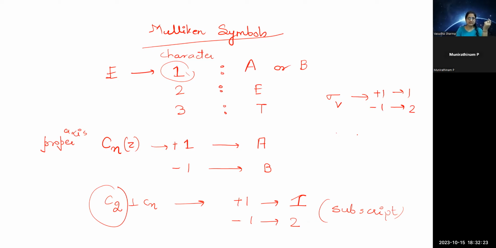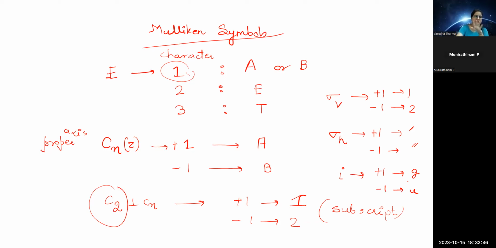If sigma H is present and symmetric, it will give you a dash as a superscript. If it is -1, it will give you a double dash as a superscript. If i is present, +1 gives G and -1 gives U. So this way we form our Mulliken symbols.